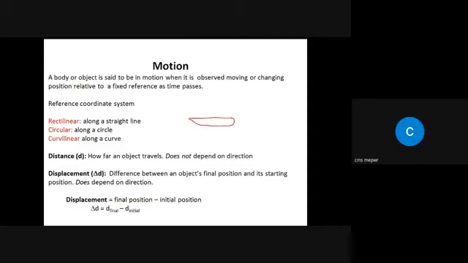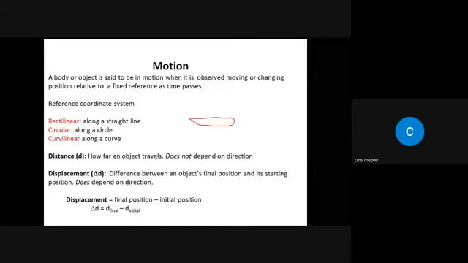So the displacement in this case is zero, but there is a certain distance covered. The distance covered is this whole one, meaning this distance plus this distance. So displacement is the difference between the object's final position and its initial position.